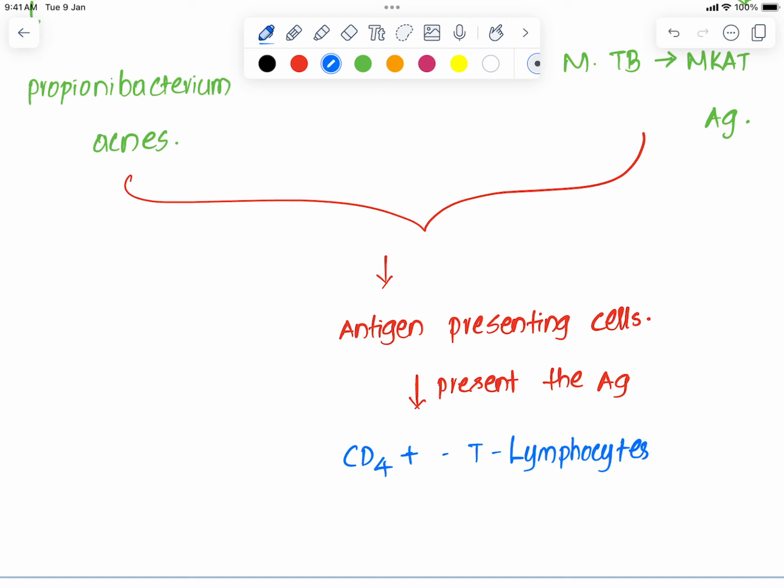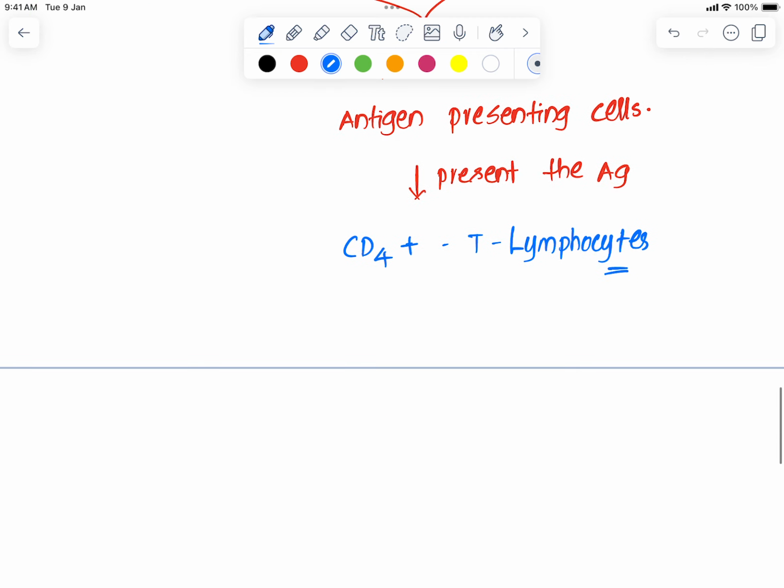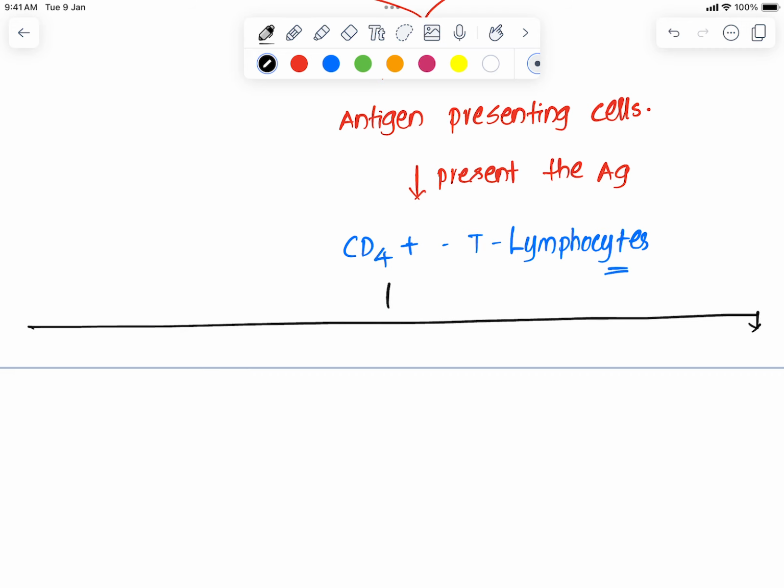Now, what will these CD4 cells in the lymph nodes do? The CD4 cells produce two important inflammatory markers. One is gamma interferon, and another important inflammatory marker is interleukin 2.